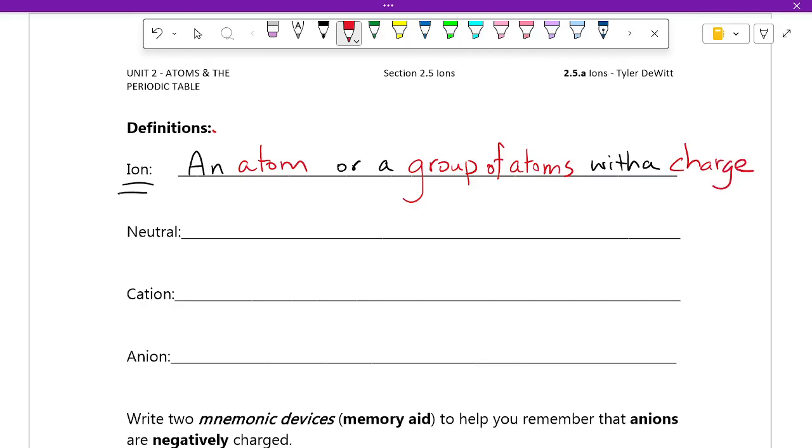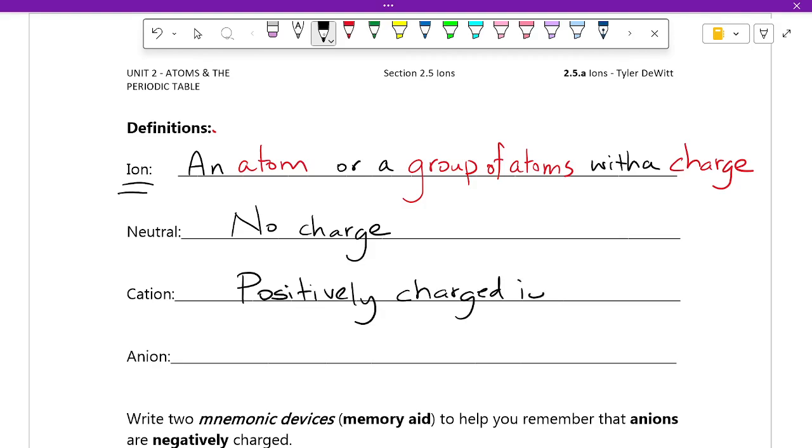What does it mean to be neutral? No charge. What does it mean to be a cation? Positively charged ion. And if it was a positively charged ion, did it gain electrons or lose electrons?